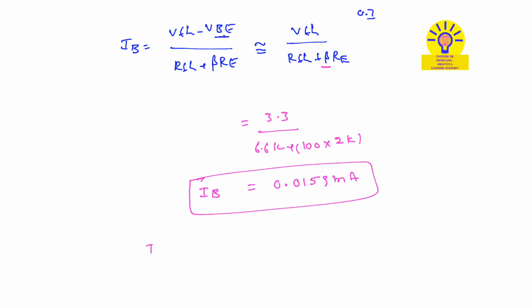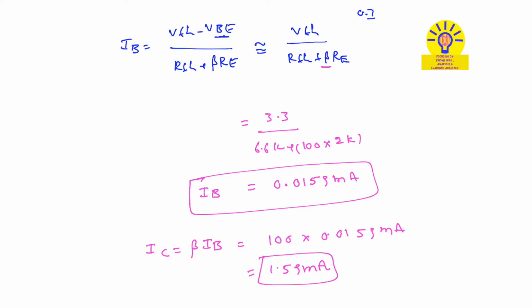Now IC equals beta into IB. So beta is 100 into 0.0159 milliamperes, which equals 1.59 milliamperes. So from this we have IC greater than IC saturation.